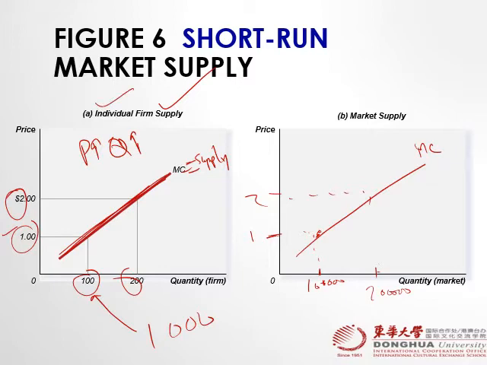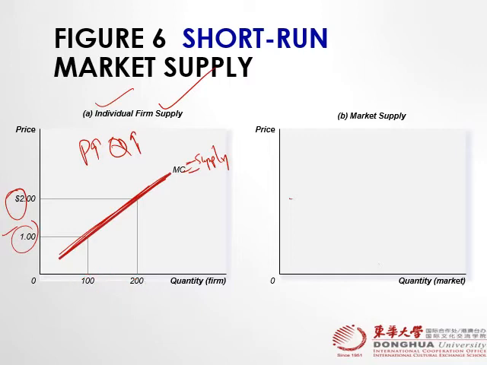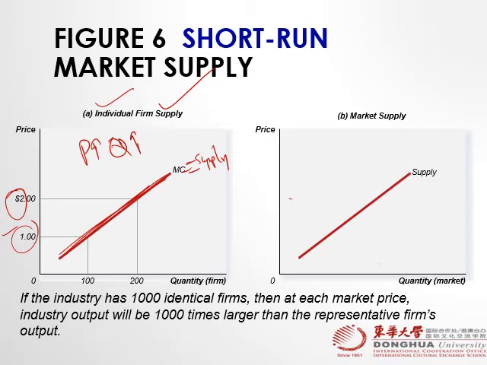So let me just remove it to see a very nice graph here, because my writing is right now terrible. Okay, so let's see that. So if the industry has 1,000 identical firms, then at each market price industry output will be 1,000 times.